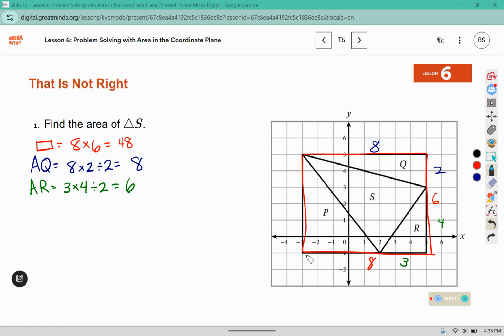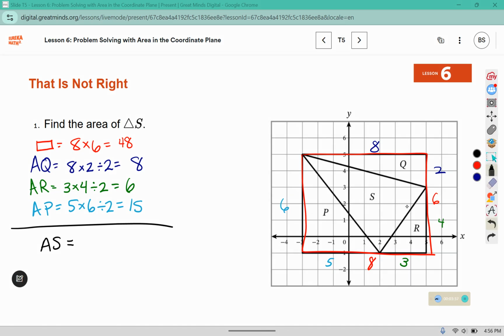This one P has a base of 5 and a height of 1, 2, 3, 4, 5, 6. Five times 6 is 30. 30 divided by 2 is 15.